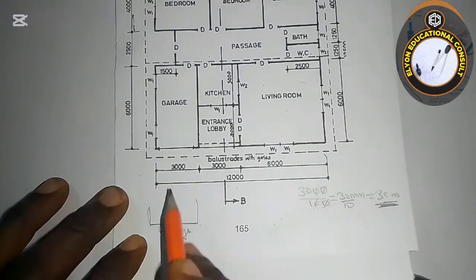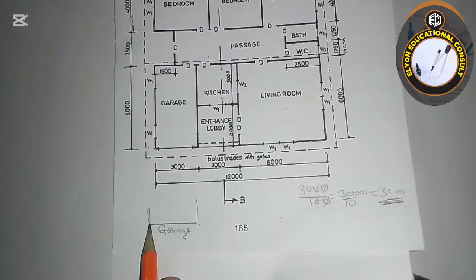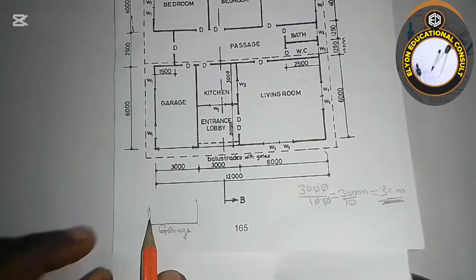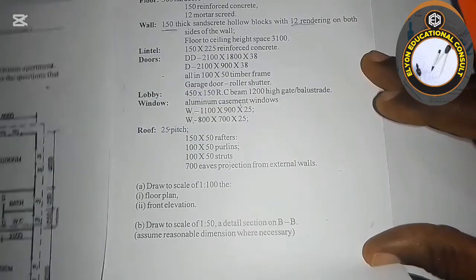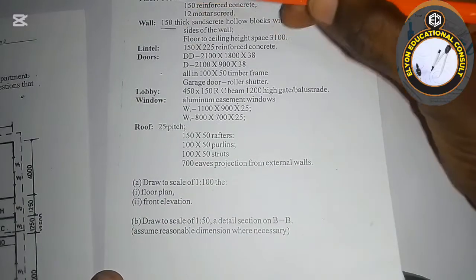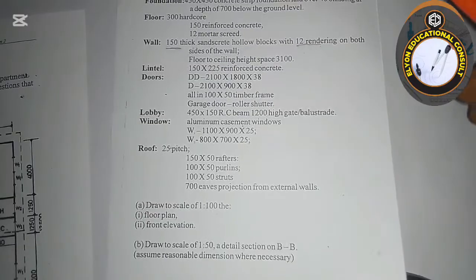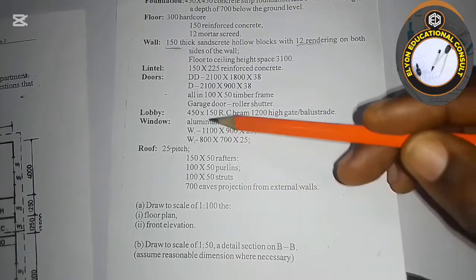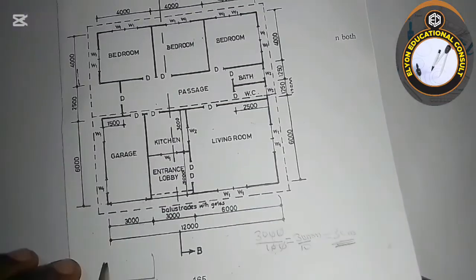I'm extracting this garage out now. So from this external part, this extreme end here, you are going to leave an allowance of 150. And I need to let us know as well that all these values are given in millimeters. All measurements are in millimeters. So the same thing is applicable. So it means that we have 150.